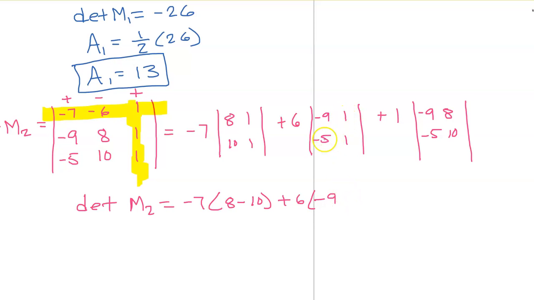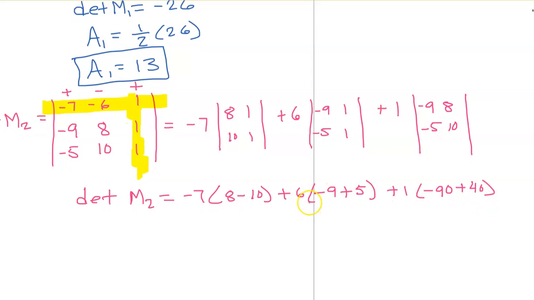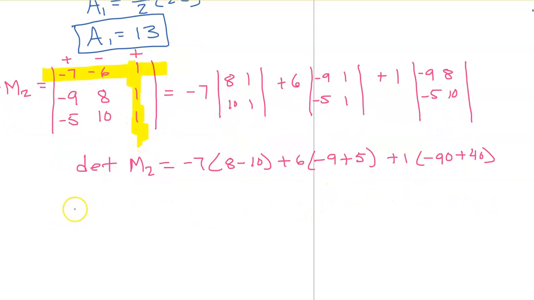The up diagonal is -5, but minus -5 is +5. Down diagonal is -90. Up diagonal is -40. So I'm going to wind up having +40 because minus and negative is positive. All right, so this is how we calculate the determinant of matrix 2.